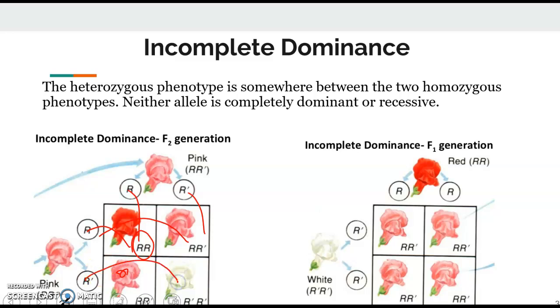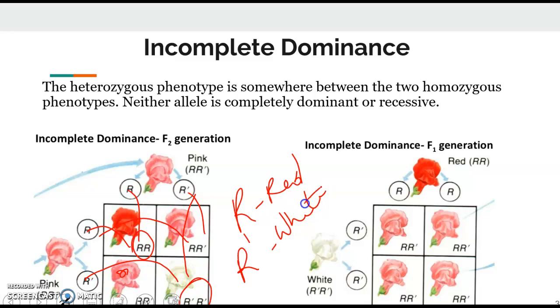But in this box, you would have R prime, R prime, and that would give you white. So first, you would have to designate that R is equal to red and that R prime is equal to white.